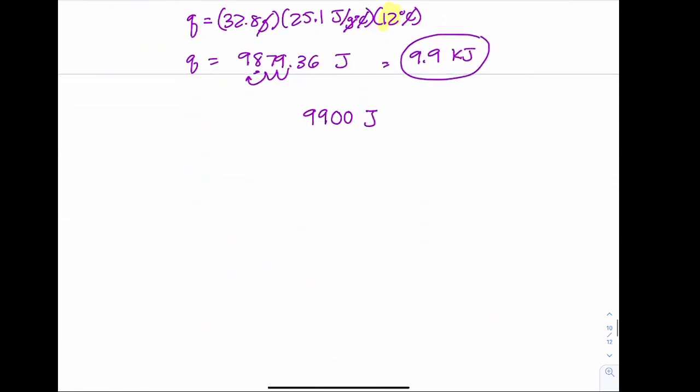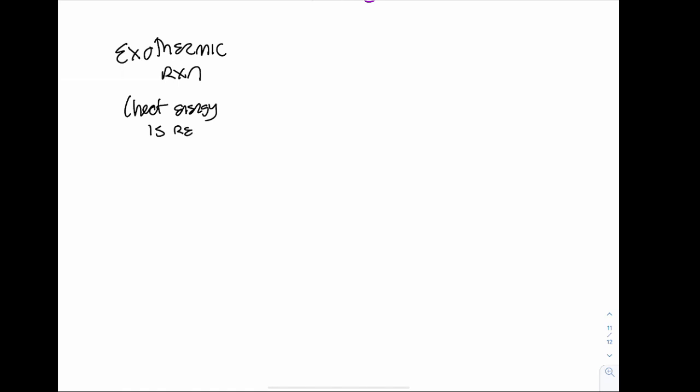So kind of the way I want to think about it is that if I have an exothermic reaction, remember, if it's exothermic, that means my system is losing heat energy, right? Heat energy is released. My enthalpy change is a negative value.